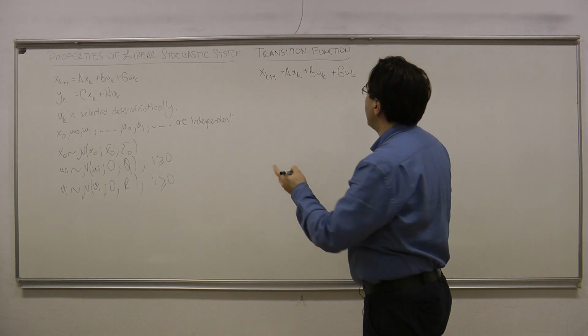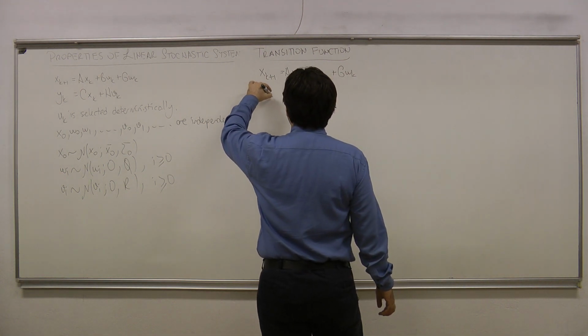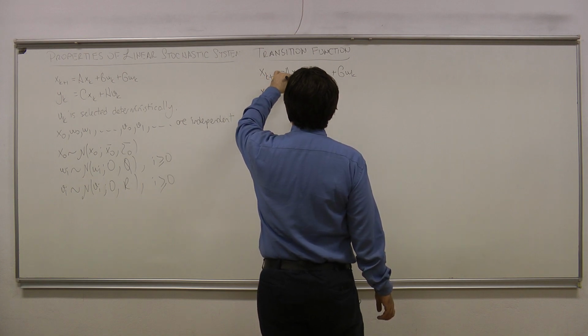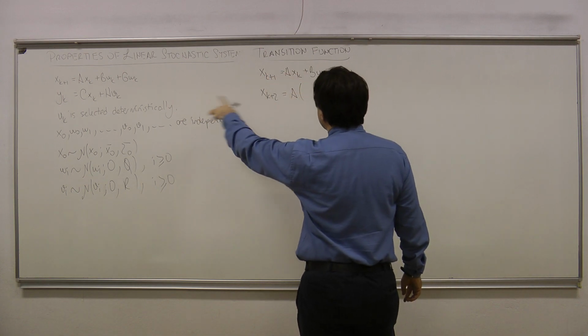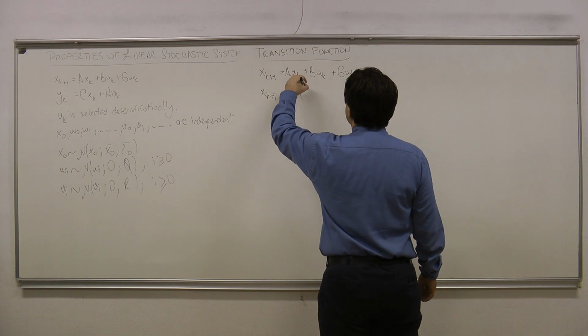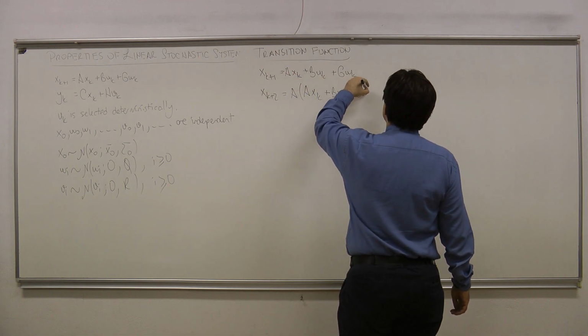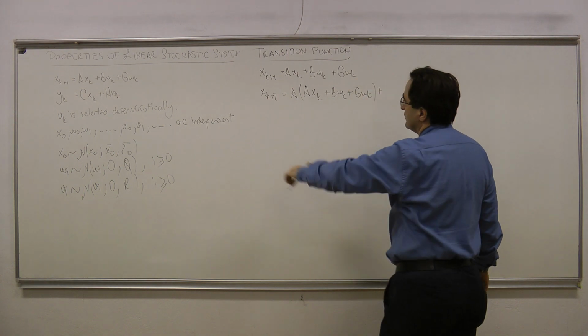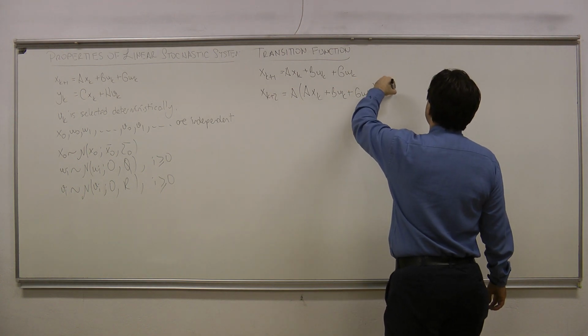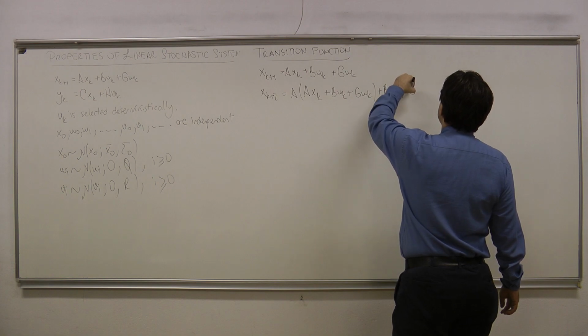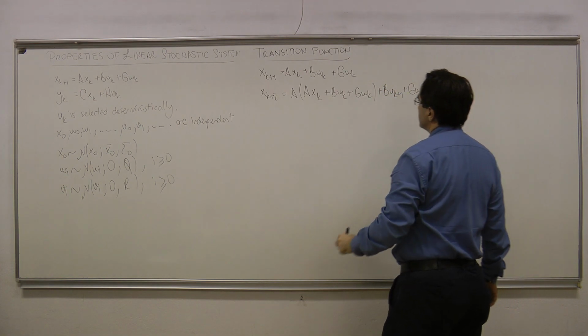Now I will write xk plus 2. xk plus 2 is equal to A times xk plus 1, which is this, A xk plus B uk plus G wk, plus B uk plus 1 plus G wk plus 1. Okay?